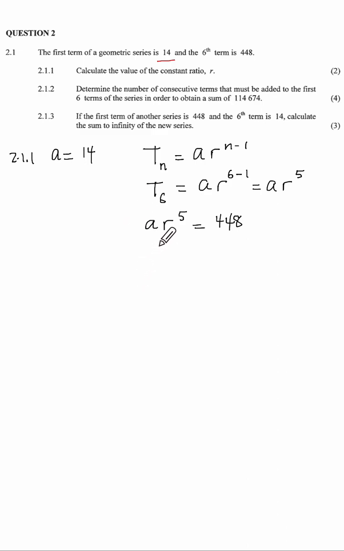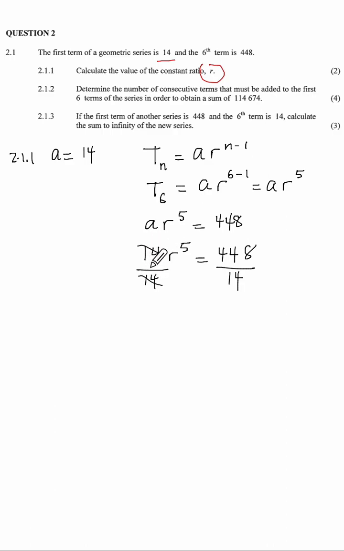So I can write 14 r to the power 5 is equal to 448. My task here is to find the common ratio r. So what I'm going to do is divide both sides by 14.